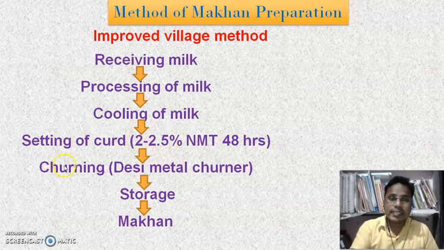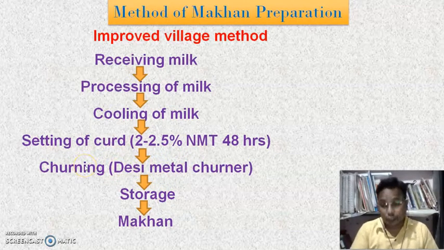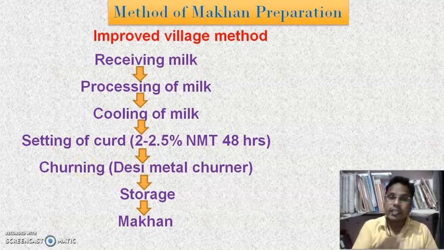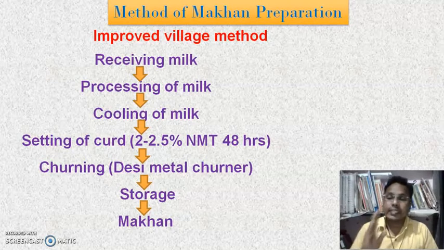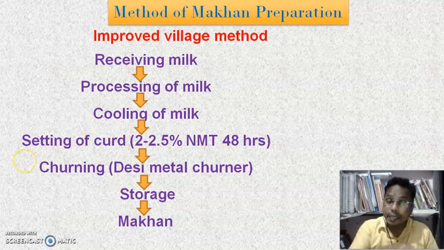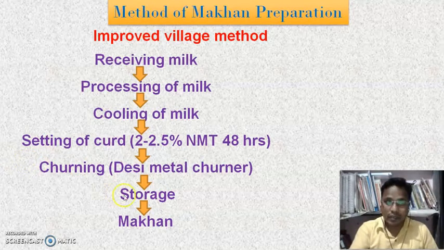After the setting of the curd, the next step is the churning. Here again the churning is controlled, whereas in the traditional village method, churning was not controlled and it was not in a similar direction. It was in the opposite direction. So again here is the difference between the village method and improved village method.